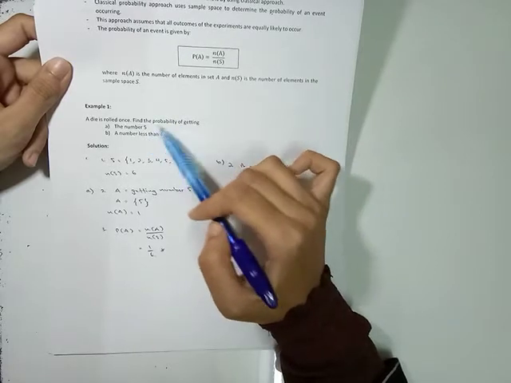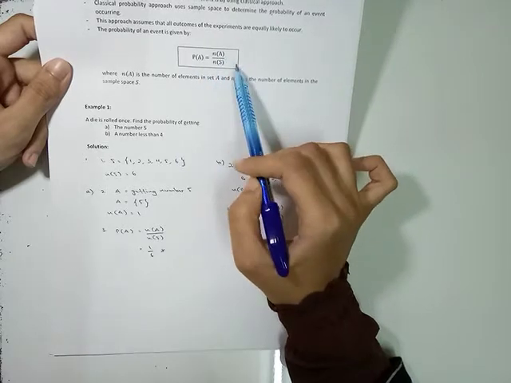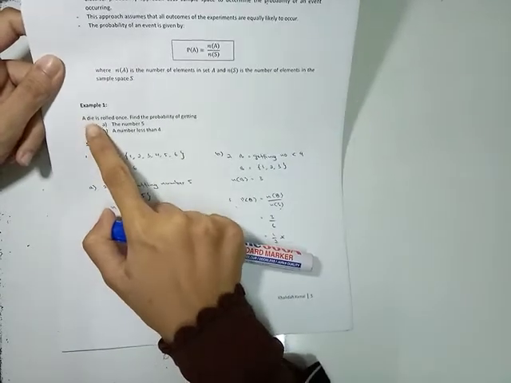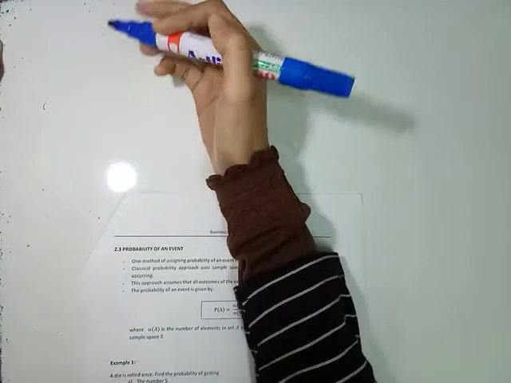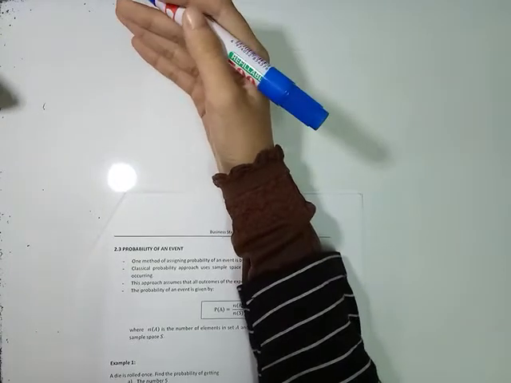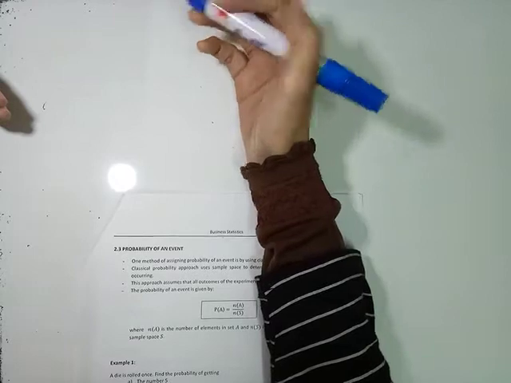So, soalan minta find the probability. Using this formula. First step, you have to find the sample space. When the question given is a die is rolled once, so we know that the outcomes when a die is rolled once are 1, 2, 3, 4, 5 and 6.